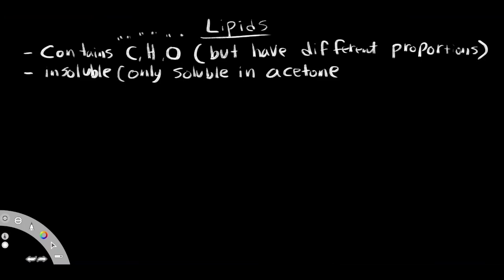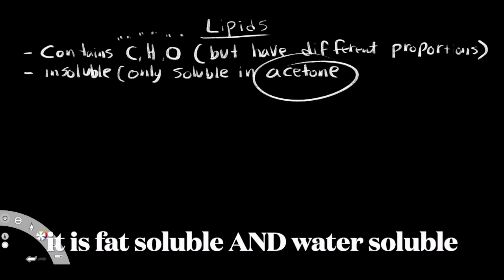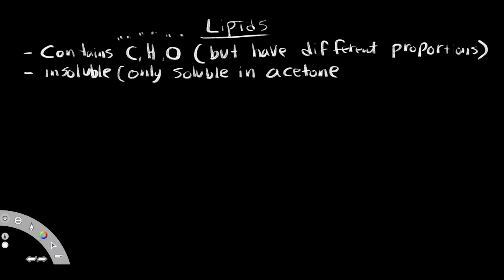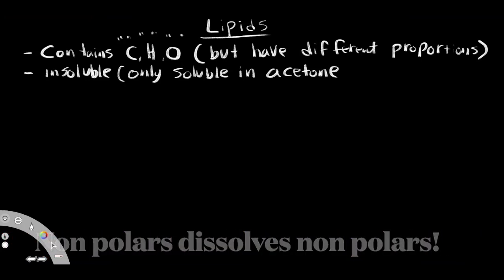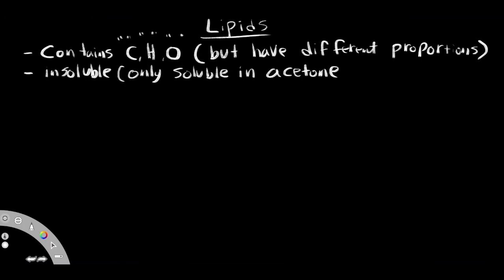Because what's interesting is acetone is fat soluble. Insoluble fats can dissolve with acetone because, again, lipids are non-polar. Non-polars only dissolve with non-polars. It doesn't like water. Water is very polar, for example. Acetone is fat soluble.